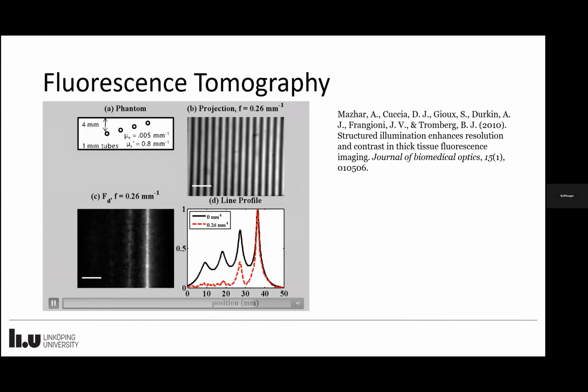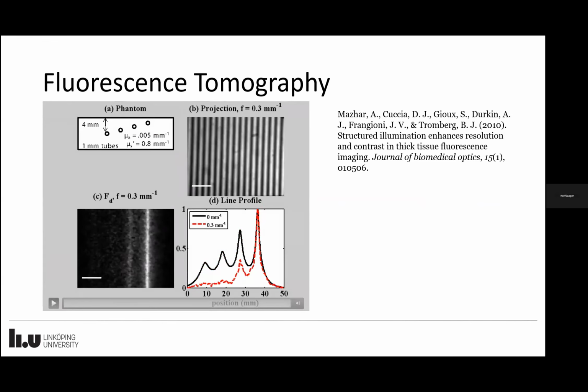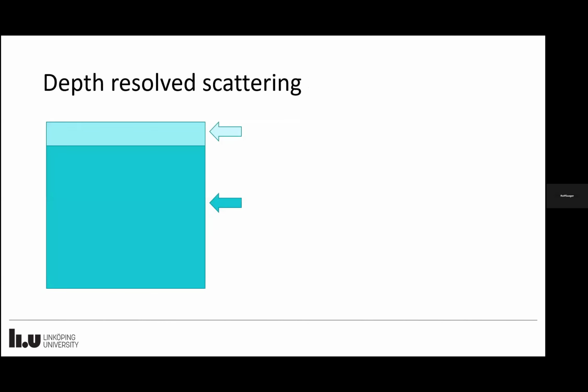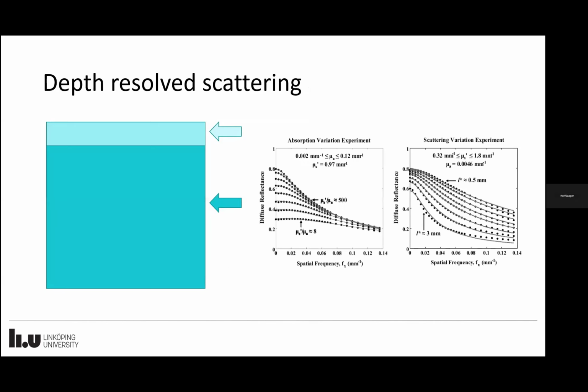It's not that it's a weak fluorescent signal, it's a deep fluorescent signal. You can utilize this. So there's this additional depth sensitive lever based on spatial frequency. We've done that as well to do depth resolved scattering based on spatial frequency. We know that different spatial frequencies have different sensitivities to absorption and scattering.